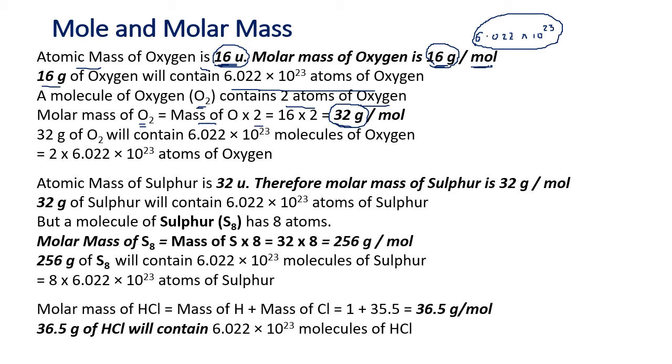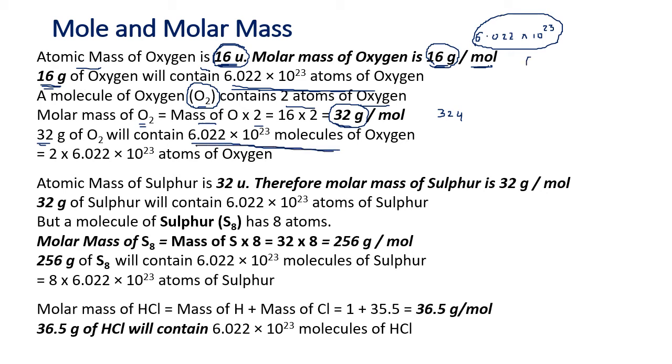The atomic mass of oxygen is 16, but the molecule has 2 atoms, so the mass of the molecule will be 32 units. So if I take 16 grams, I get this many atoms. When I take 32 grams, I get the same number but of molecules. Are you following this?